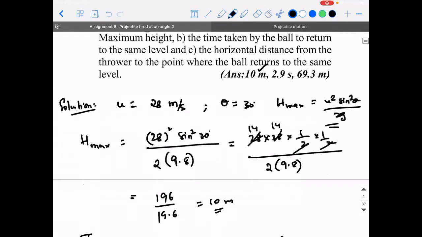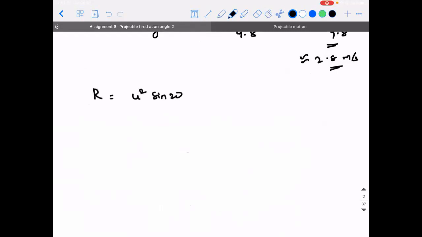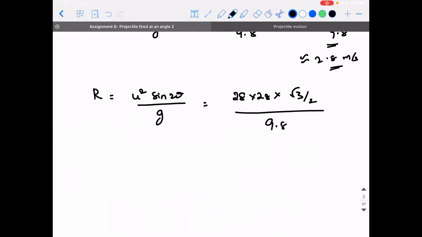Next, the horizontal distance from the thrower to the point where the ball returns to the same level means they're asking the range. So range is equal to u square sine 2 theta divided by g. So 28 into 28 into sine 2 into 30, which is sine 60, that is root 3 by 2. The whole divided by g, which is 9.8.